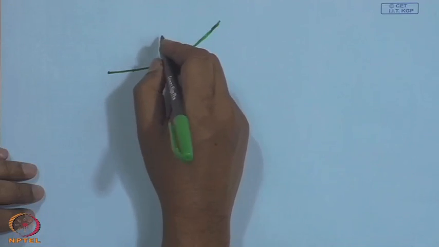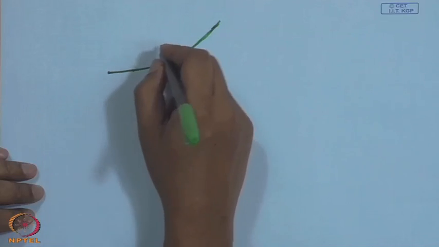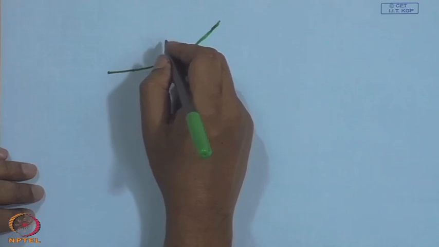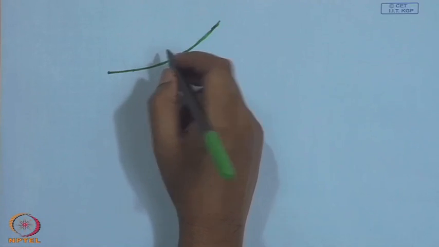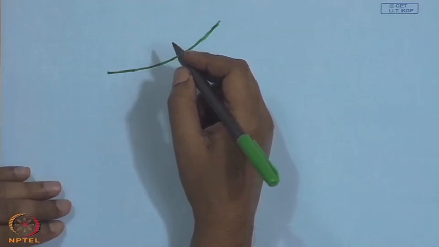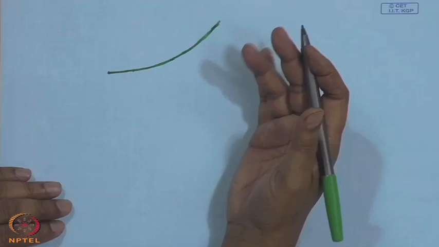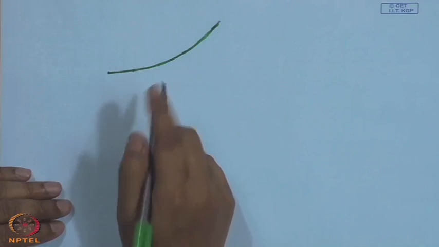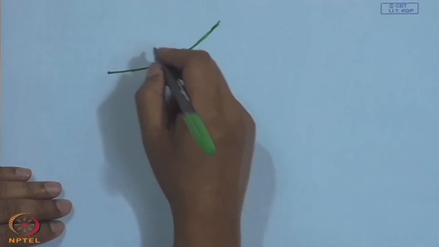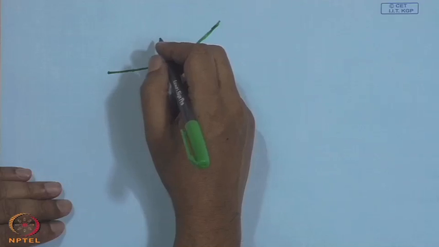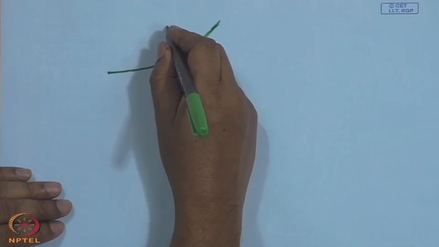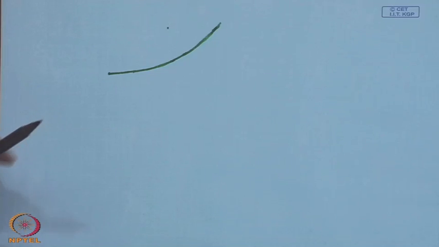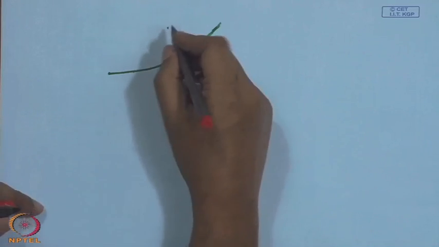However, because of the convergence of these Mach lines, since the Mach number is continuously decreasing, mu is increasing, and we can show some of these Mach lines.